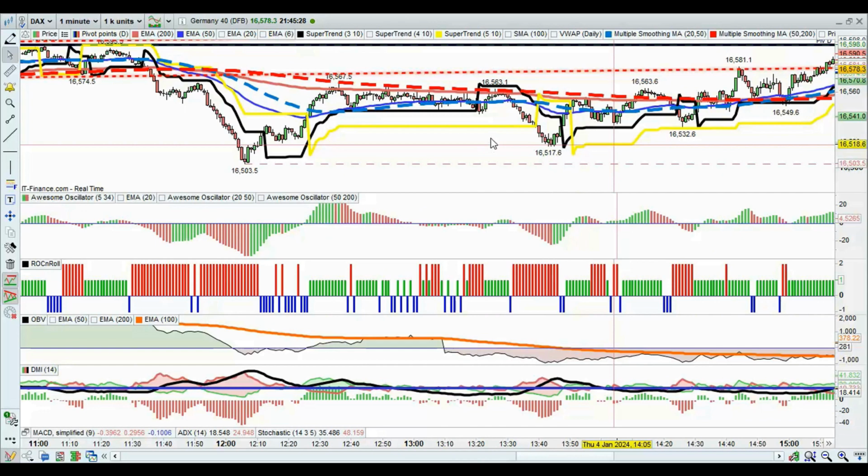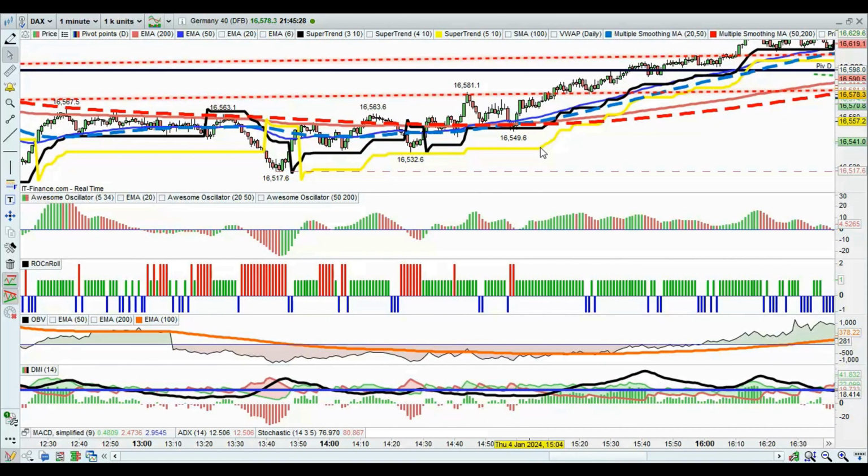We had that sell-off there to 16,517. This is at 140, dropped again, and this was just starting to move sideways again. Crossed up through Supertrend, not quite through the 5200 smoothing average.